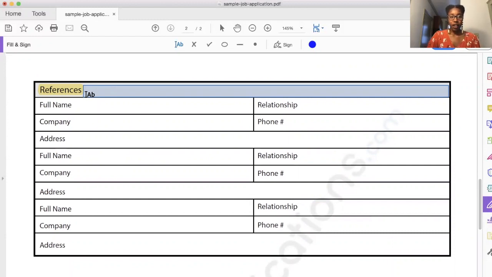A reference is someone that explains what your responsibilities were at an old job.